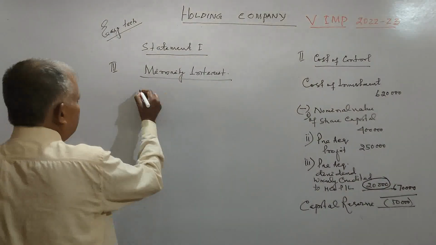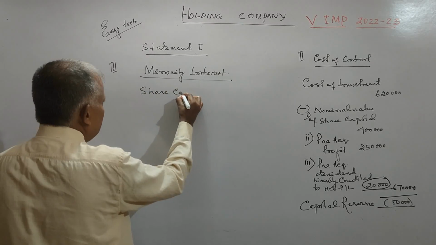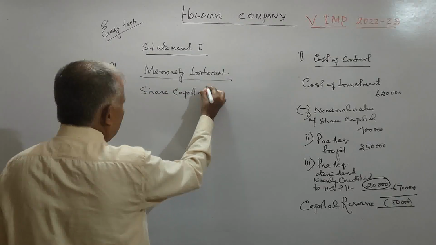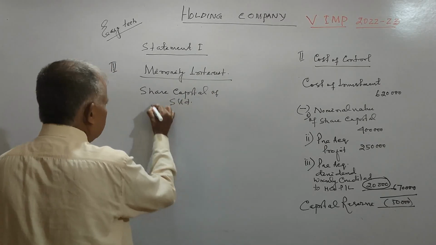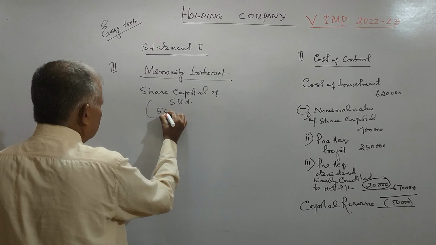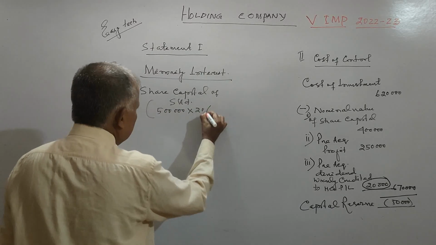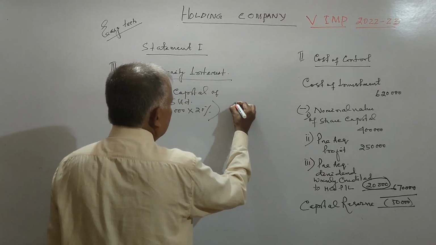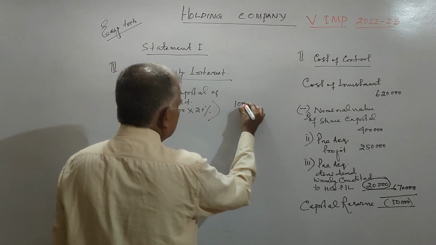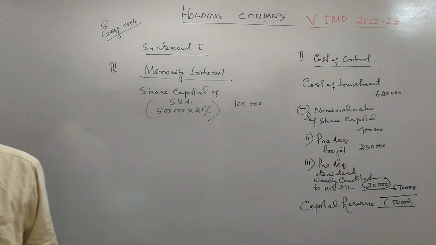So minority interest, first we will go for share capital of S Limited. Minority holding is 20%. So 5 lakh into 20%, it comes to your 1 lakh. That is your minority interest.